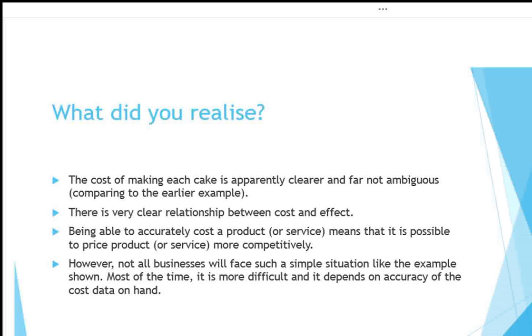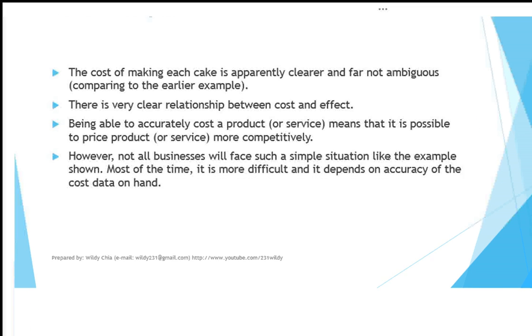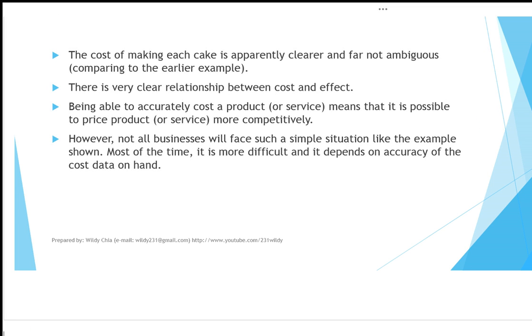Looking on. What you have realized is that the cost of making each cake is much clearer, because we make the assumption that the bakery doesn't bake one type of cake for sale. It has sponge cake and cheesecakes.